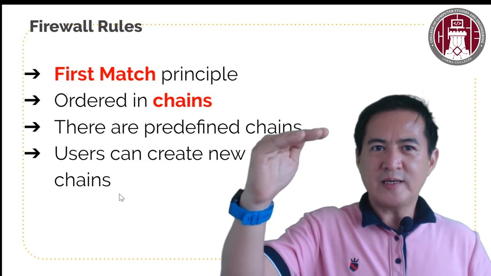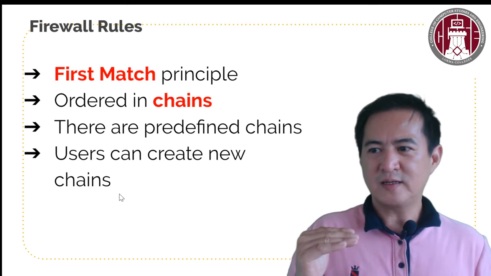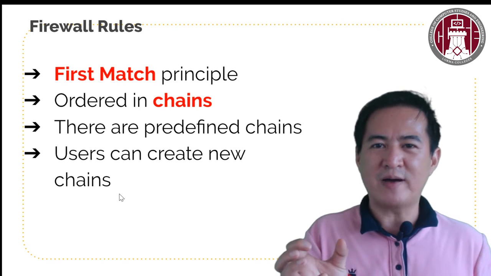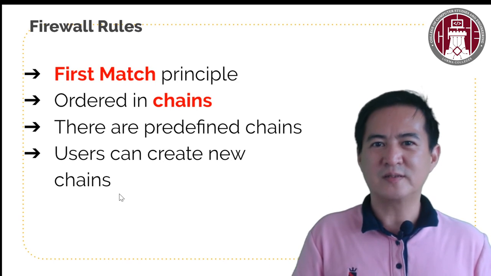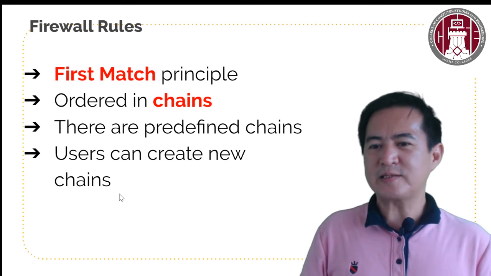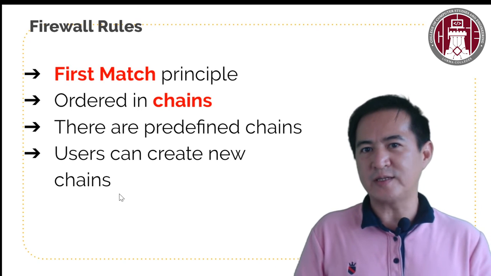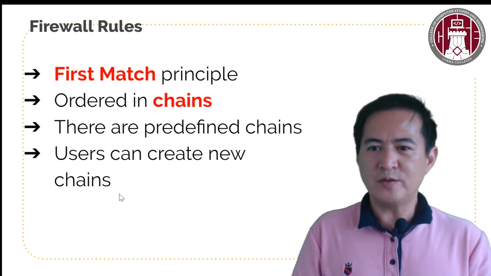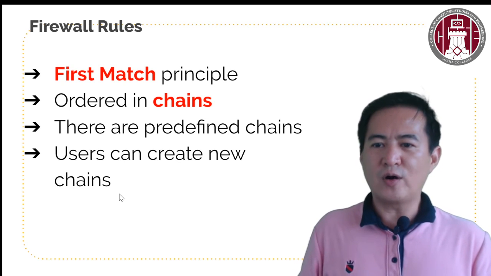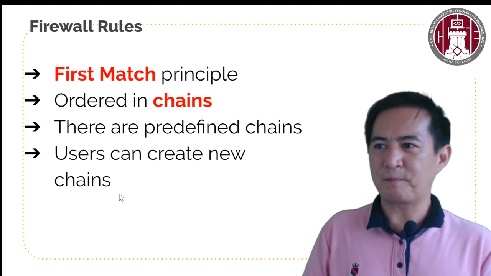In short, it tries to find the rule that matches it, and when it finds a match, it stops looking for another match. Next, we also have what we call chains. We have ordered chains in sequence. There are predefined chains, and there are also chains that can be created by the user.